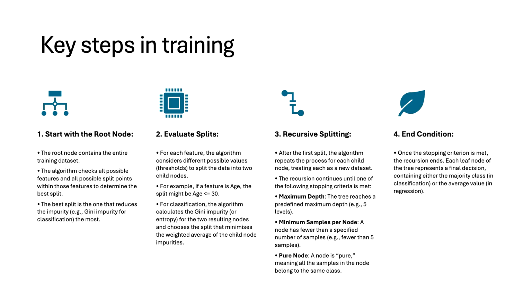So when we implement a decision tree in code and train it, what kind of steps are conducted? First, the root node contains the entire training data set.